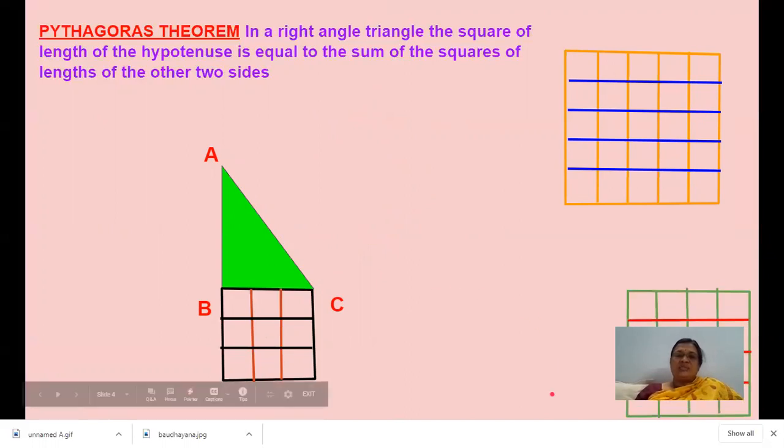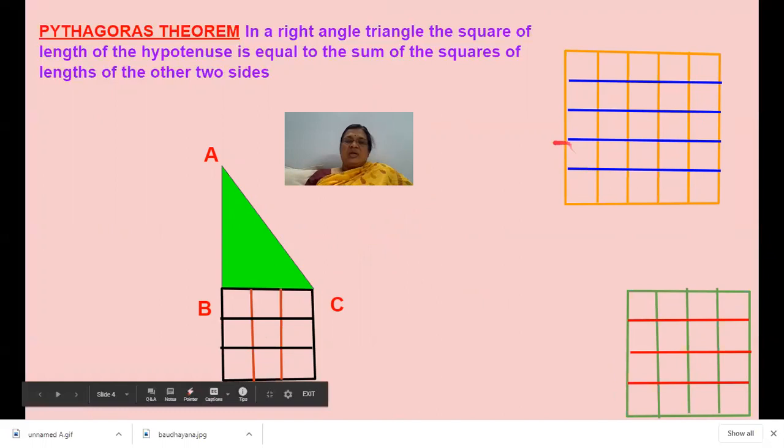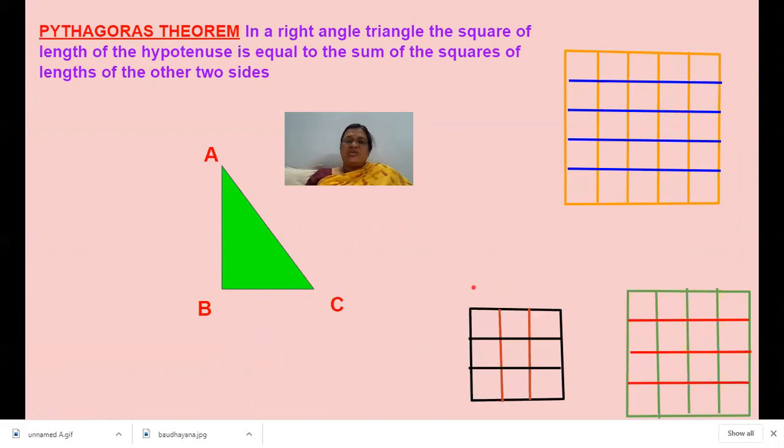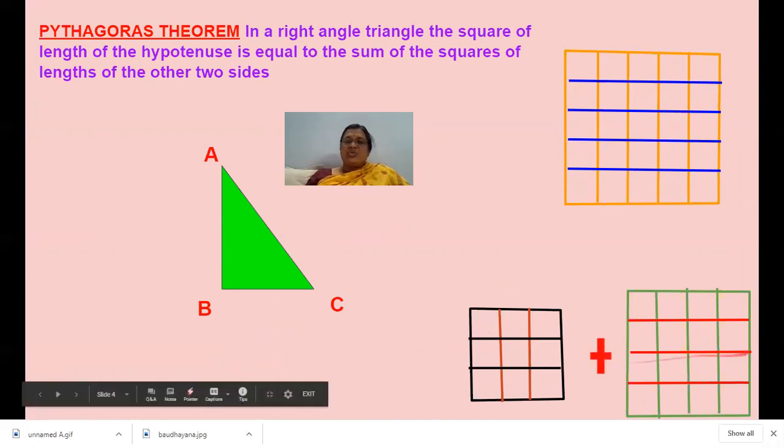See here, the square on the hypotenuse is equal to the sum of the squares of the other two sides. What are the other two sides? One is AB and the other one is BC. When you add these two, it will be equal to this.